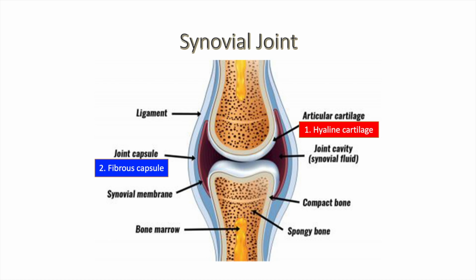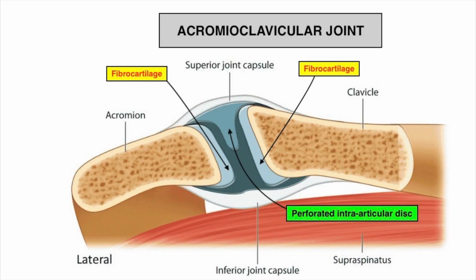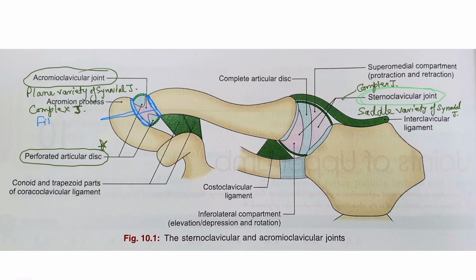And the third thing is the cavity of the joint has a lubricating fluid covered by a membrane, and that's called synovial fluid. So these are three criteria for a joint to be called a synovial joint. But the important point is that in this acromioclavicular joint, the articular surfaces on both sides are not hyaline cartilage, they are made up of fibrocartilage. These are important points to remember about the acromioclavicular joint.